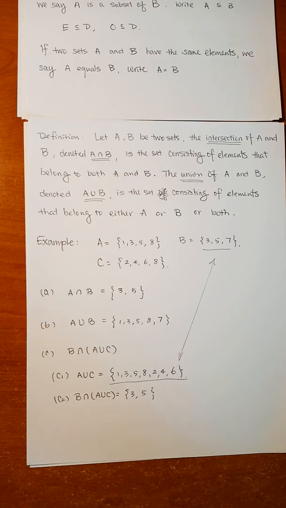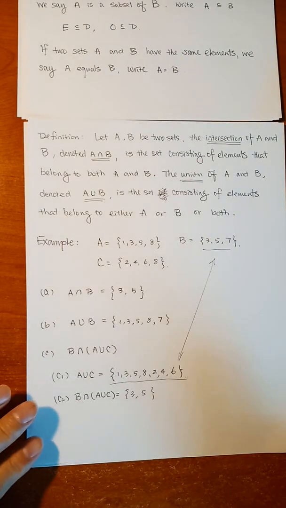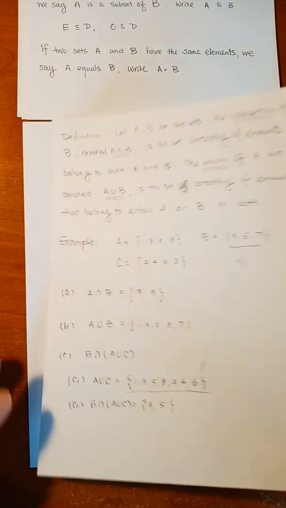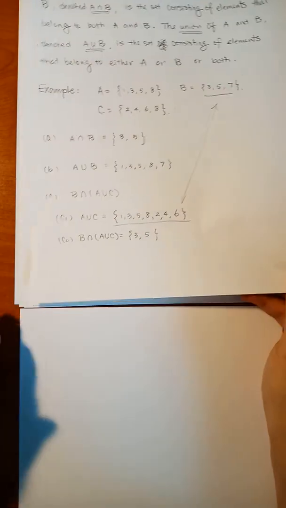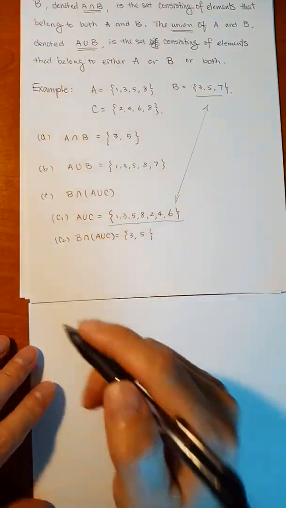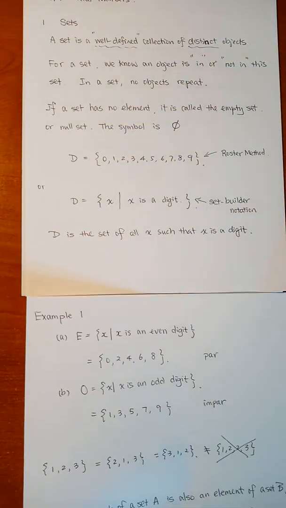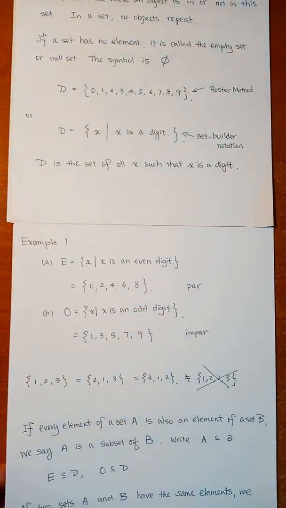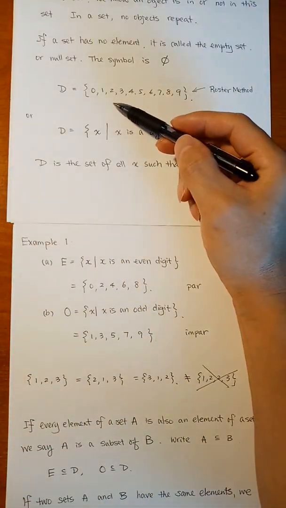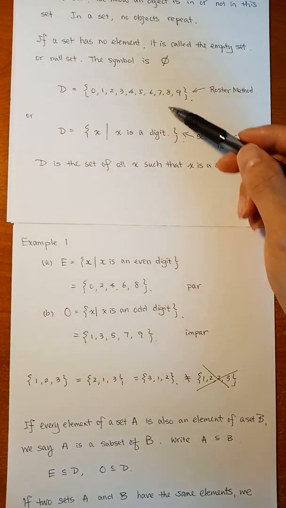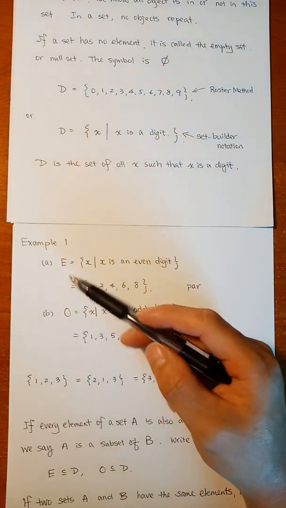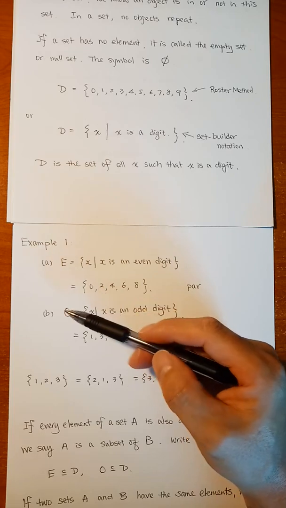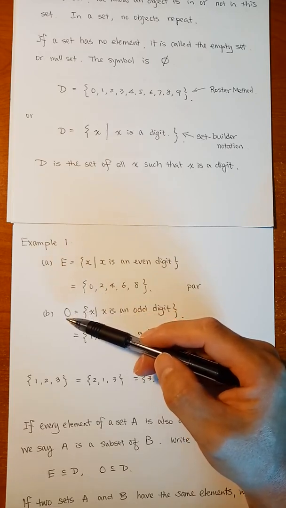Okay, so that's about intersection and union. Next. In the first example, we have D. It has all digits, and we have E and O. E is the even digits, O is the odd digits.